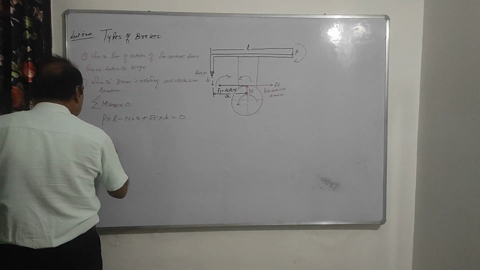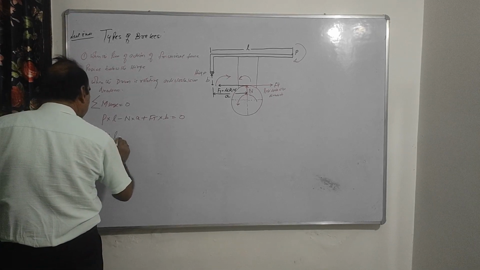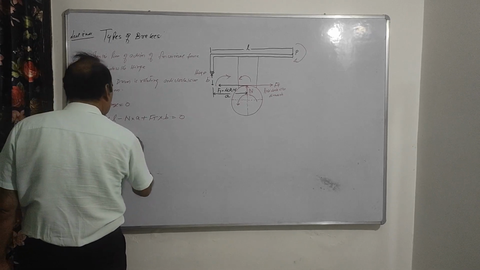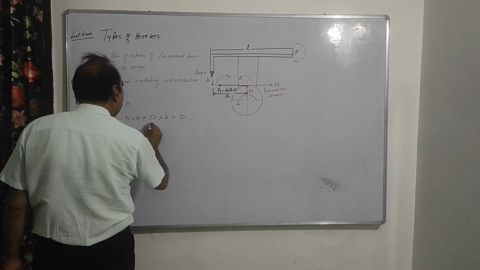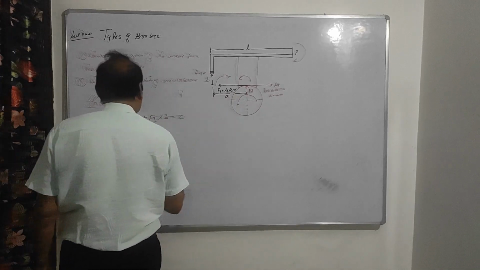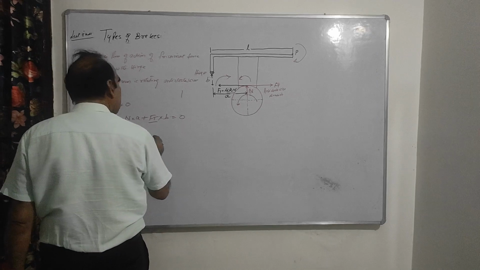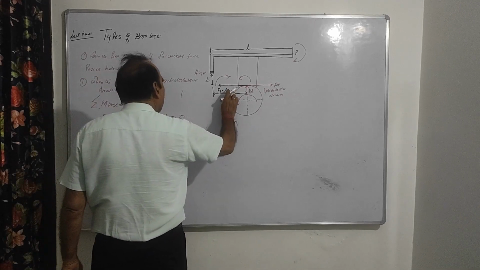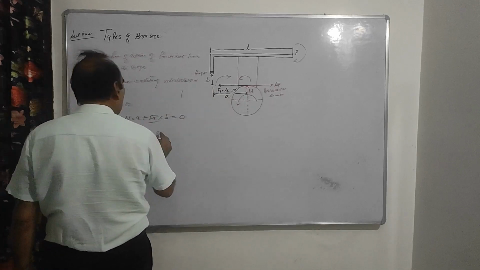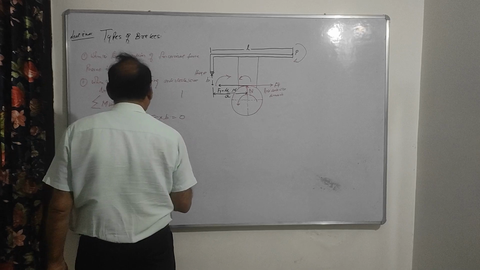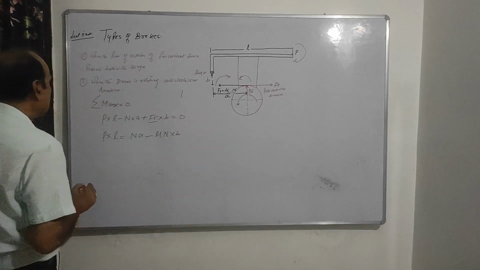Now the design equation becomes PL equals NA minus Ft B. Your Ft is mu N, because I am denoting the normal force as N, so it is mu N into B, right?